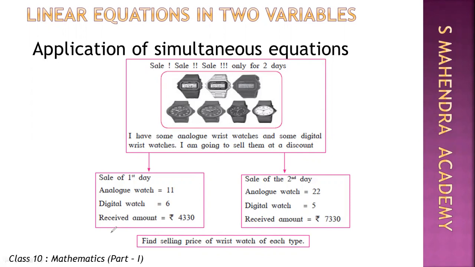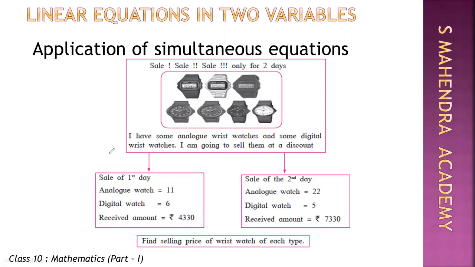And the output of sale on day second is number of analog watches sold out was 22 and digital watches sold out was 5, and the total amount received was 7,330. We have to find out the selling price of wristwatch of each type.